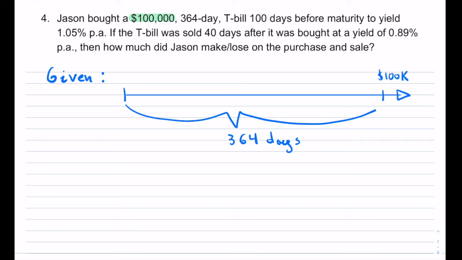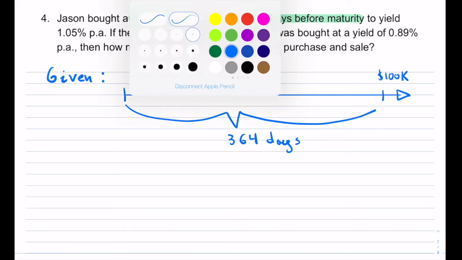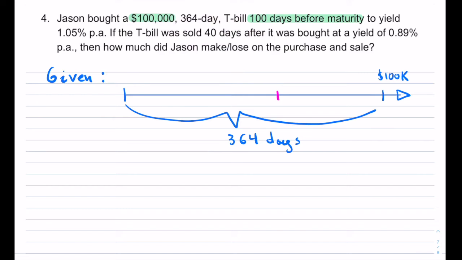And we buy them at basically discounted yields or rates. Now, we have bought this T-bill 100 days before its maturity. So we didn't buy it 364 days. We bought it 100 days before, right? From here to there, that's 100 days. So that's when we bought it.